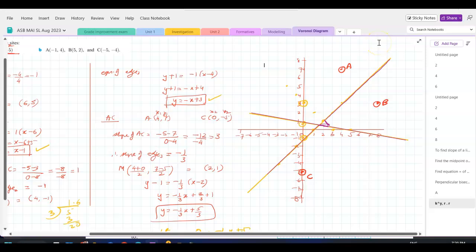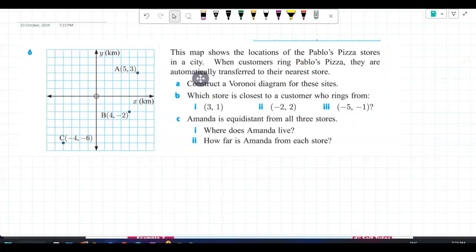Next one. First, how many lines will you draw? 3. First the perpendicular bisector of AB. So AB is there, and you draw the perpendicular bisector of AB. This is the middle of AB. Then BC, perpendicular bisector.